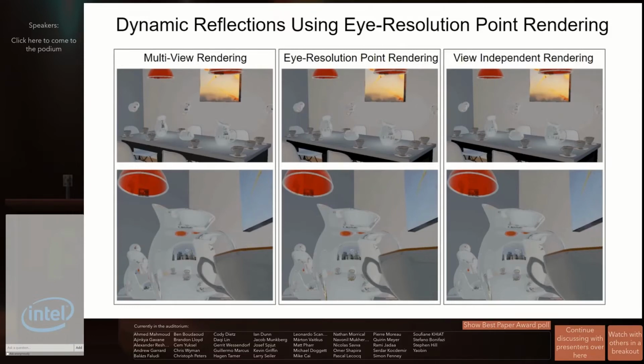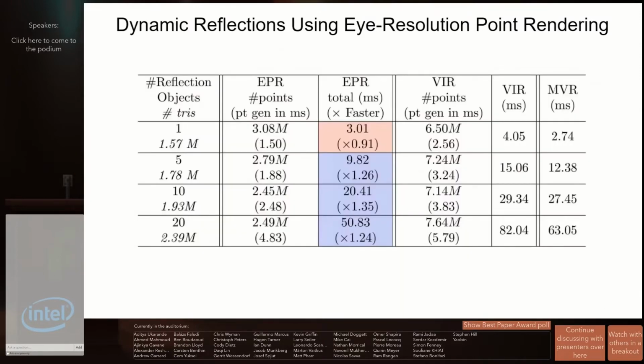Our technique guarantees that at least one point will find its way to every pixel in the viewpoint, that is the eye's view, thus making sampling more parsimonious while remaining watertight. We applied our improvement to dynamic cube map reflections and showed that with a single pipeline pass, our resolution point rendering generates cube maps with similar quality and superior speed to view-independent rendering and multi-view rendering.